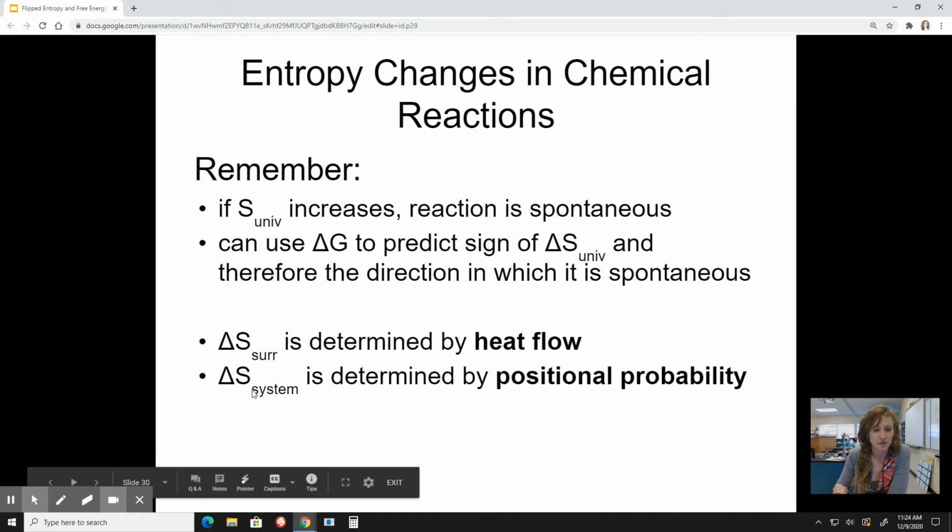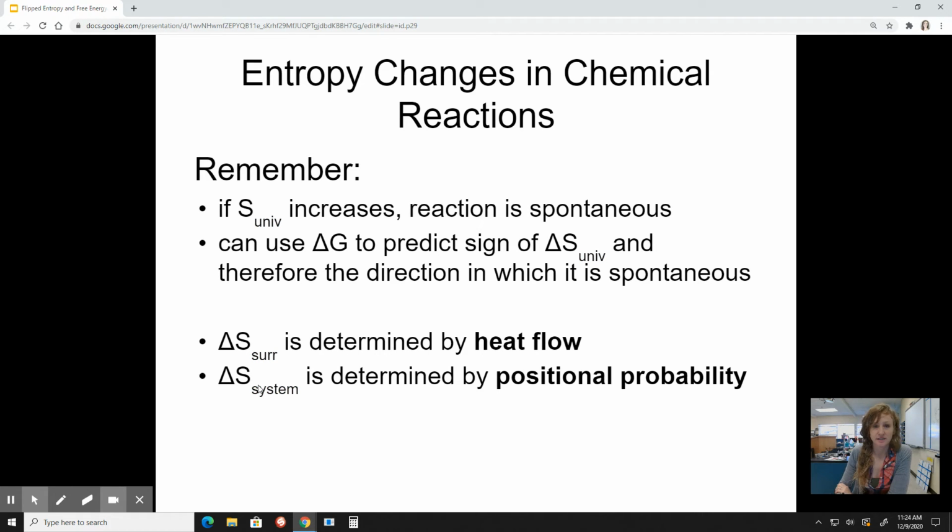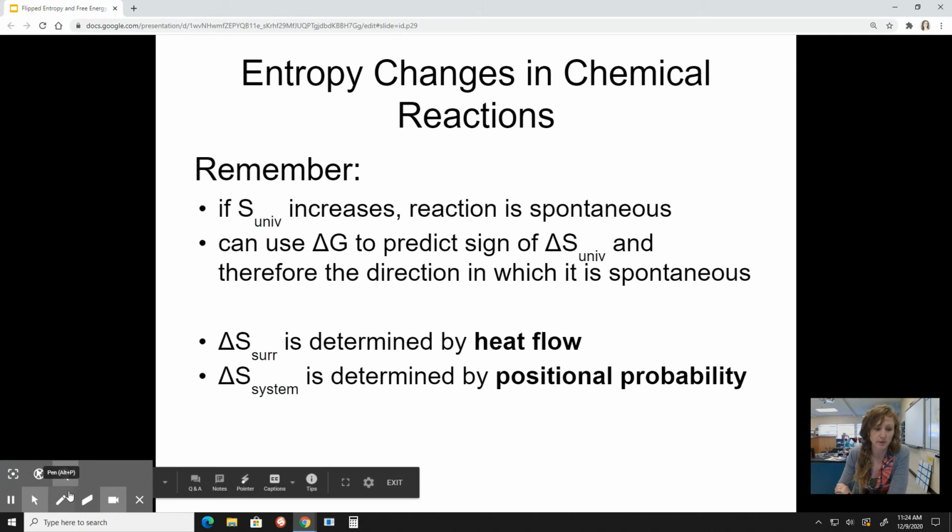let's keep going here. So just a couple reminders: if delta S of the universe increases, if the change in entropy of the universe for a system increases, the reaction is spontaneous. We can use entropy of the universe to predict spontaneity.